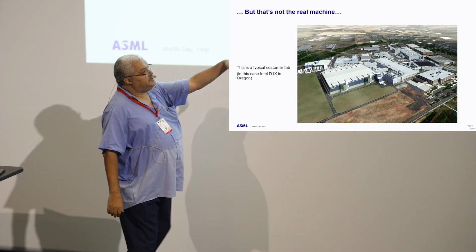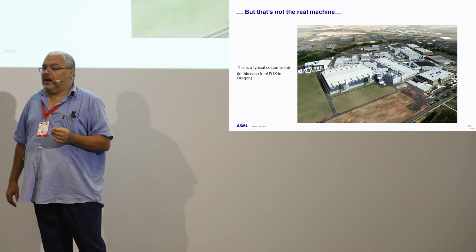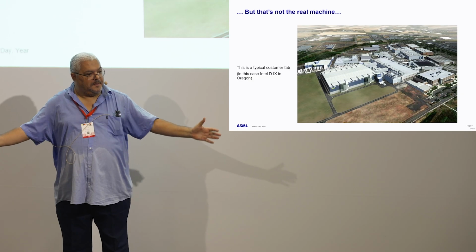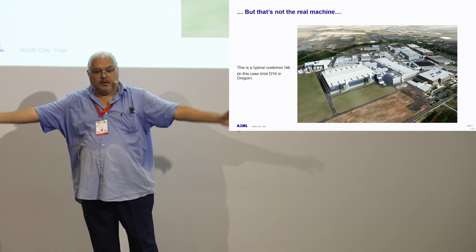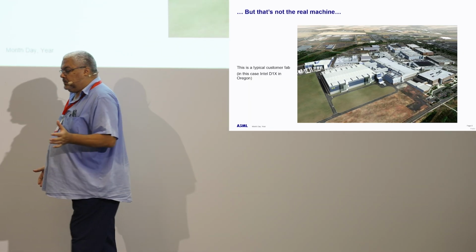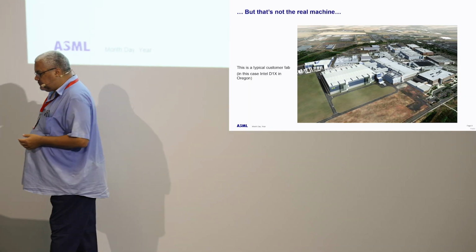So in this case, this is the Intel D1X fab out in Hillsborough, and this is a $20 billion machine. It's one big machine, effectively, where blank wafers go into this machine, and chips actually come out at the end of it.